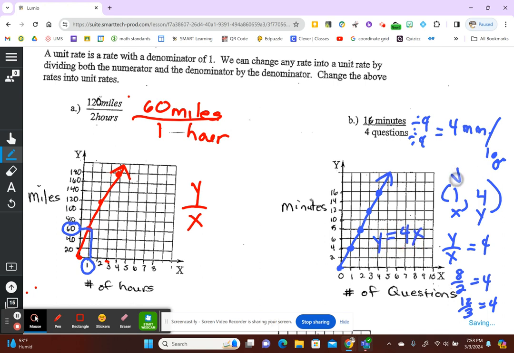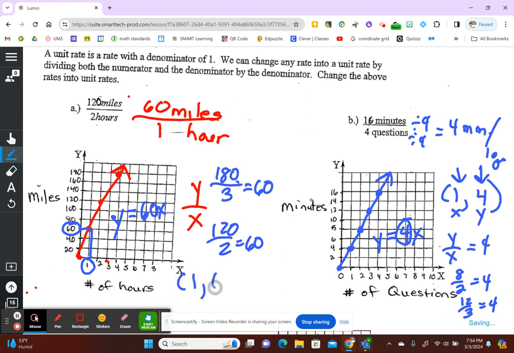And the unit rate is when x is 1, and whatever y is going to be your slope. So for the previous one, the equation would be y equals 60x. And again, every point, if you put y over x, it will equal 60. And so this unit rate would be represented by the ordered pair 1, 60.